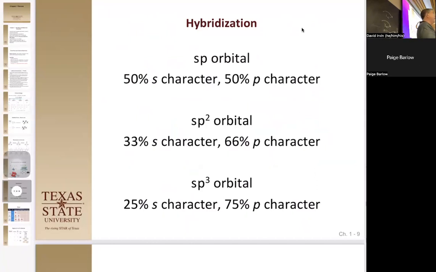Remember, we're just adding a p orbital. So we start with one s orbital and two unhybridized p orbitals. Then we go to two p orbitals that are hybridized and one unhybridized. And then we have no unhybridized p orbitals, and we have a total of 4 equal orbitals. All right, questions on that?